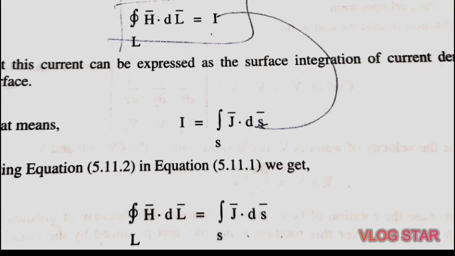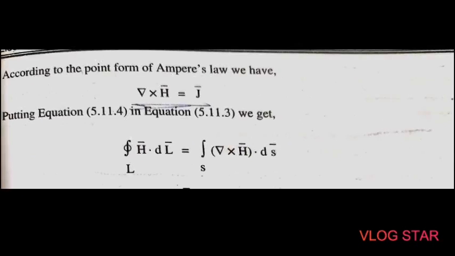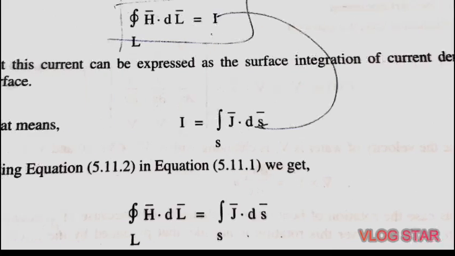According to the point form of Ampere's law, we have the statement del cross H bar is equal to J. This is the value of J bar according to Ampere's law, or the point form of Ampere's law. Remember this equation. Then we just put this equation into the previous one.